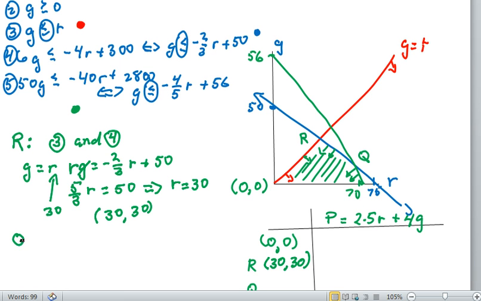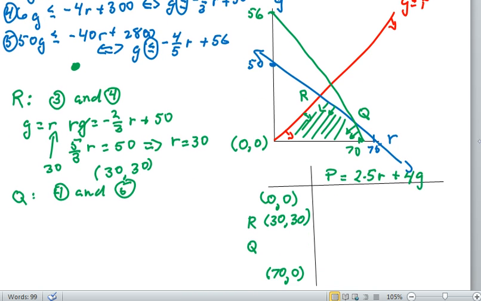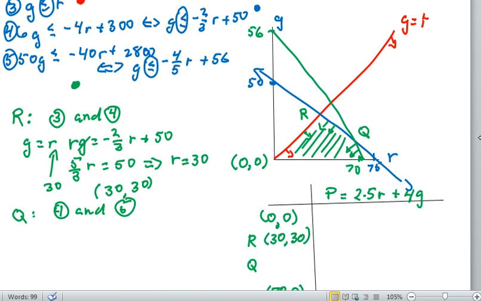Q is at the intersection of constraint 4 and 5, where the boundaries can both be given in terms of G equals, and so I set the right-hand side of those two equations equal to each other.